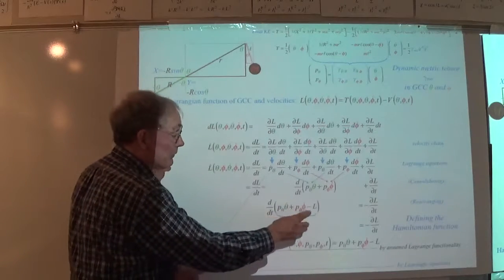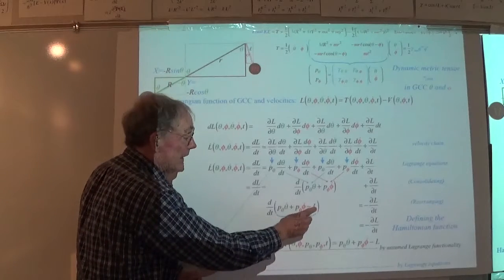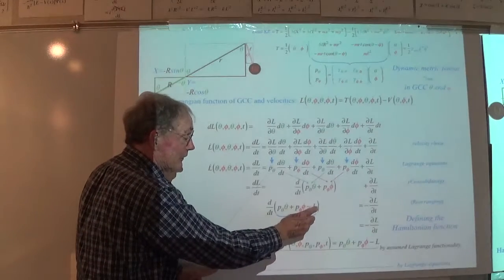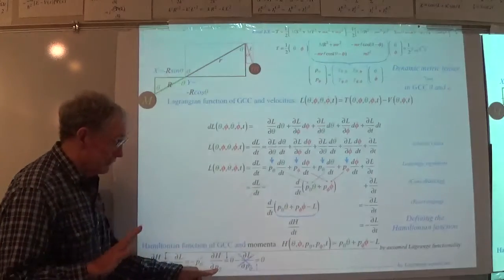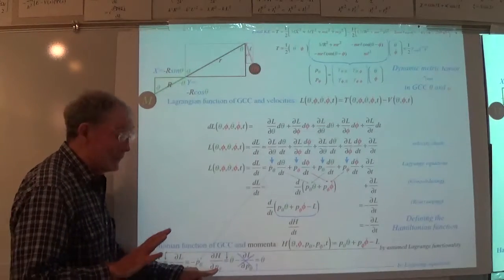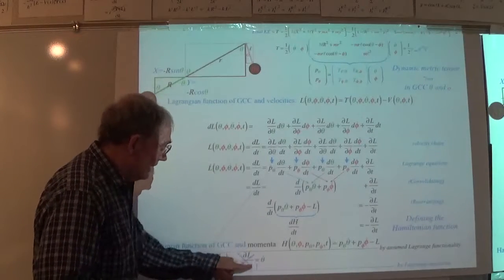Well, there is a partial derivative of L to be taken, but remember, the zeroth equation, the partial derivative of L with respect to momentum, is not an explicit function of momentum. We spent a lot of time worrying about that little detail. So I've crossed that out.